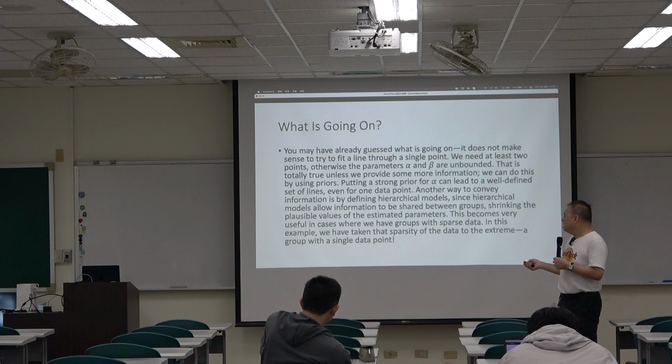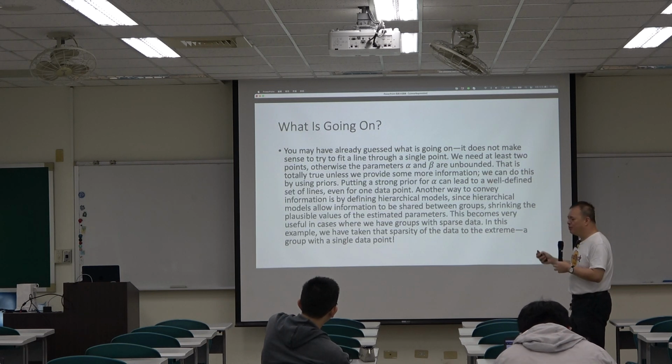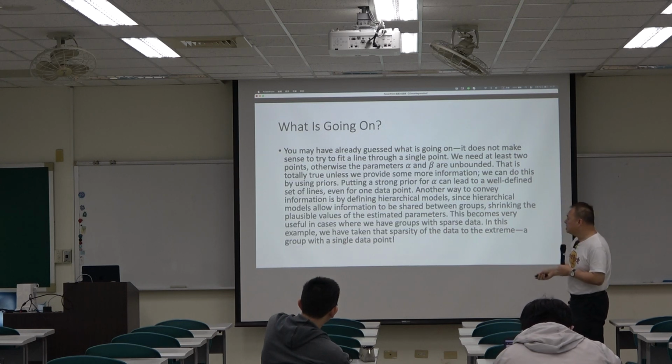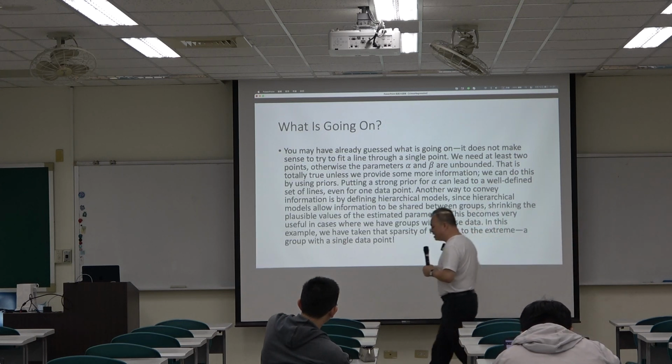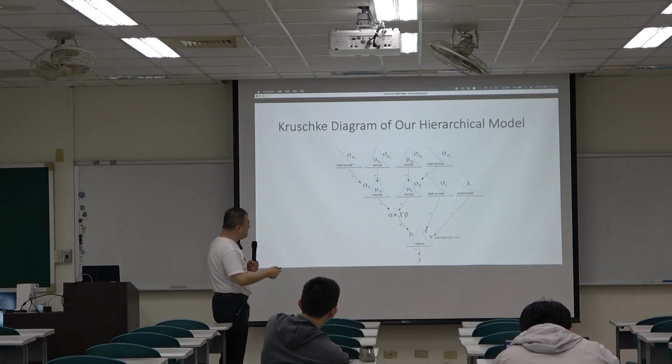So here, the last group doesn't really have a lot of data, so it's only affected by the hyperprior, which is restricted by the data points of the other groups. So in some sense it's restricted, but still not confined as much as the other groups.